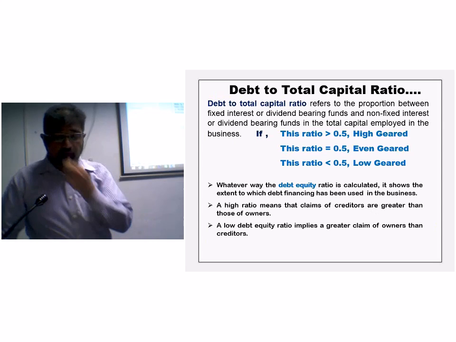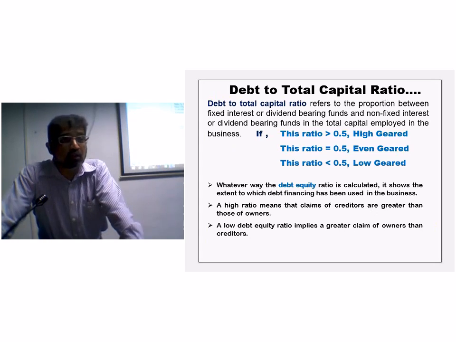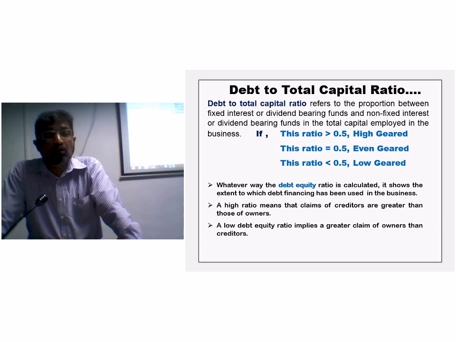Next, if it equals 0.5, that means an even geared company, with equal equity capital and debt capital. Under the third category, the ratio is less than 0.5. That means a low geared company, with comparatively low debt relative to equity capital, right?